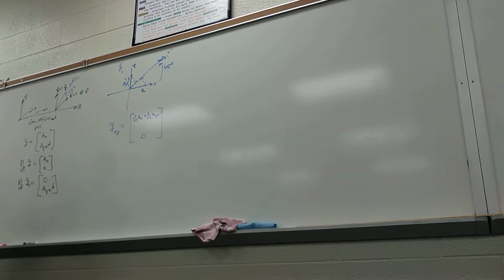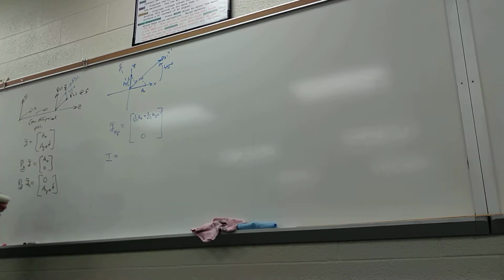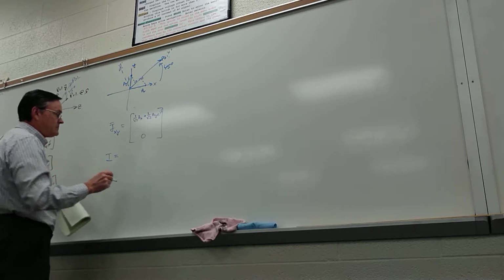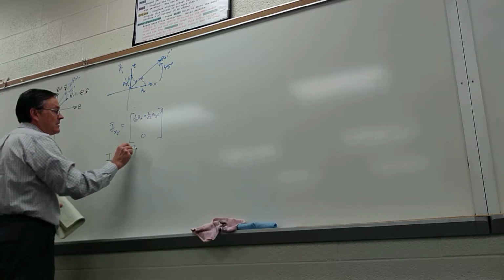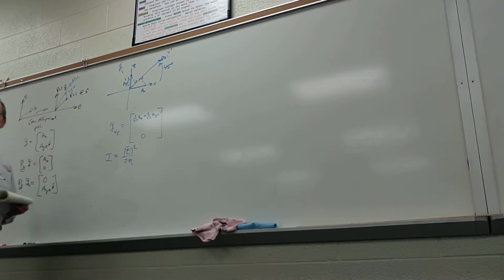Okay, so then the question is, what's the irradiance of the light that has come through the polarizer? Well, it's going to be the magnitude squared of the electric field divided by 2 times the impedance of whatever medium we're propagating in.